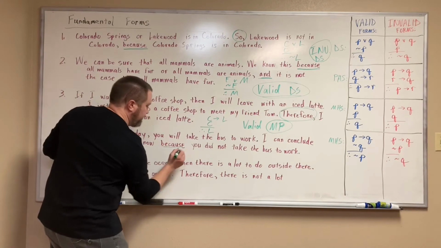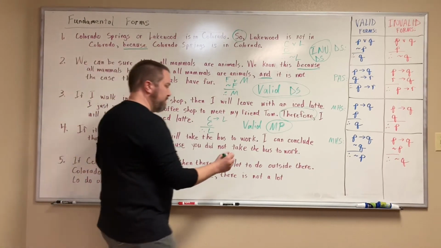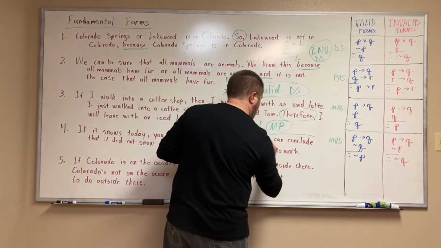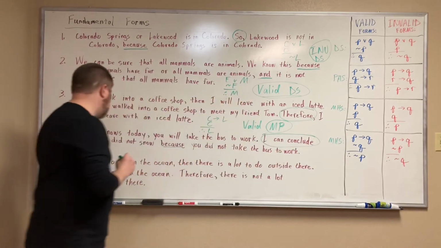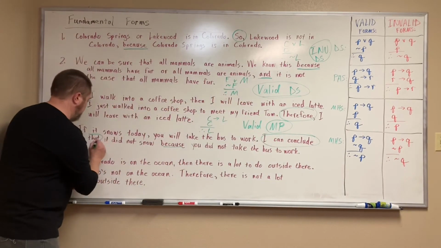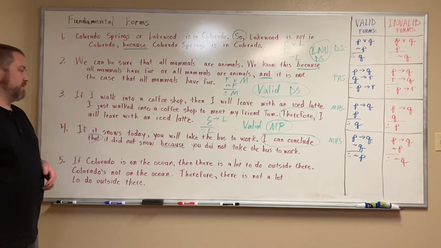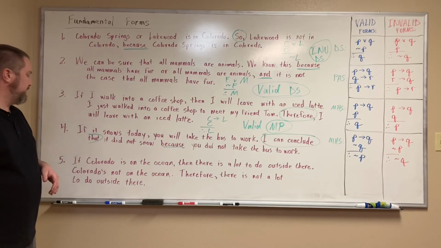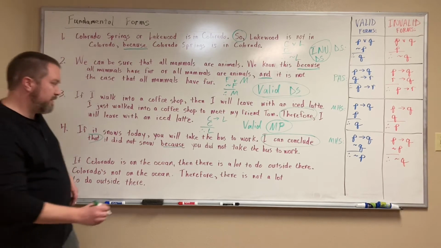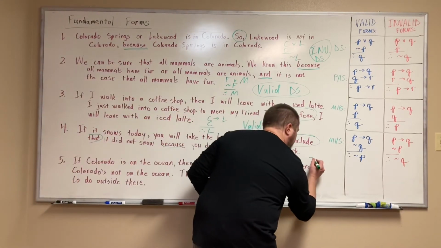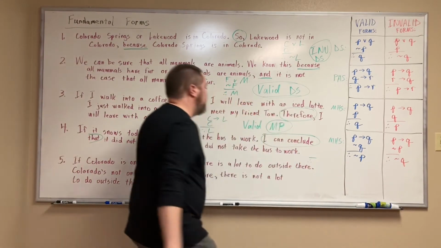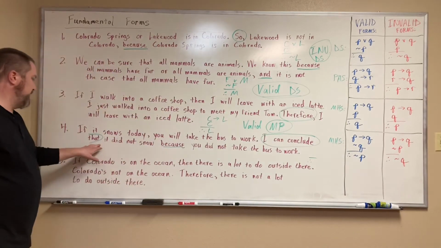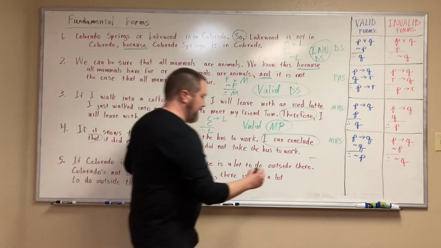So because is going to be a premise indicator. I can conclude that is going to be our conclusion indicator. So let's start with our, I don't have a lot of room for this one. So our conclusion is going to be, it did not snow today.